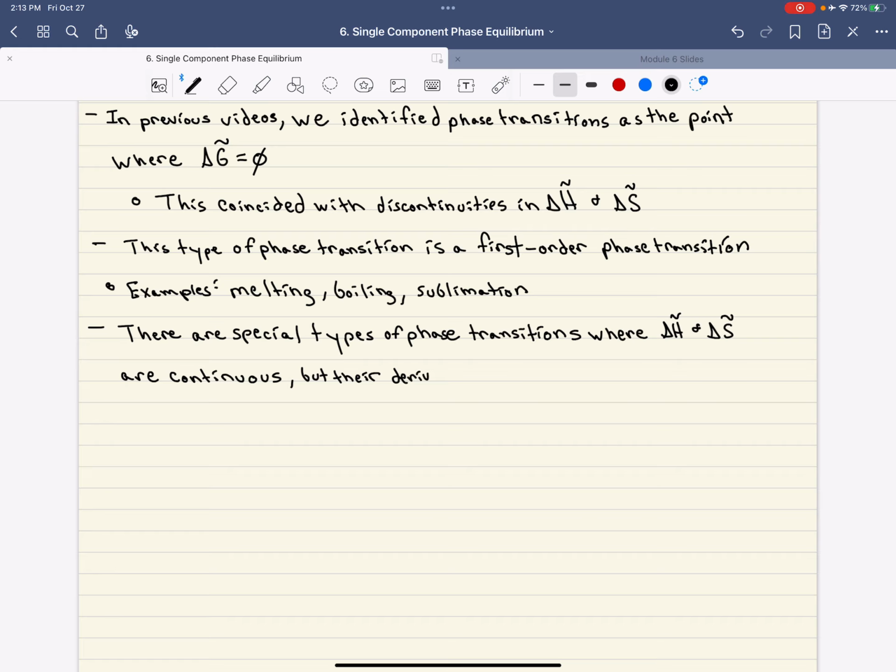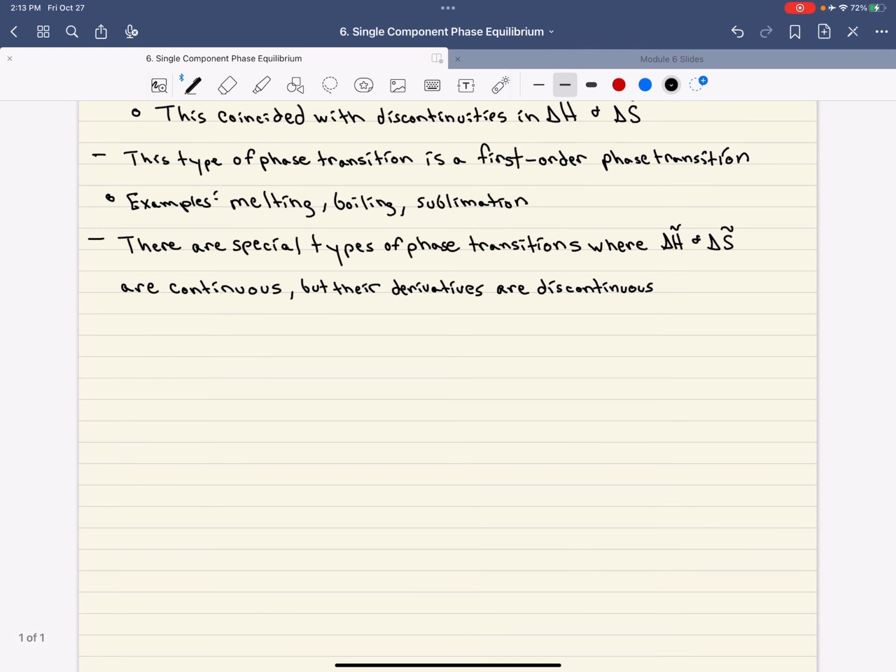So their derivatives are discontinuous. Okay? And so for these types of processes, these are known as second order phase transitions.